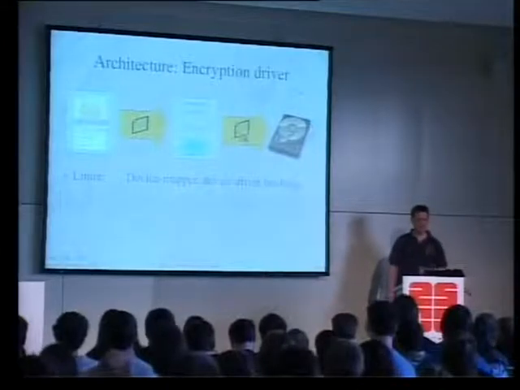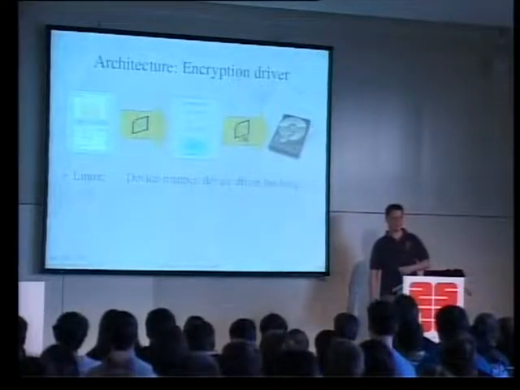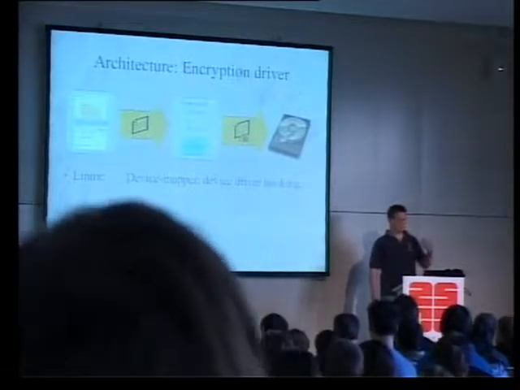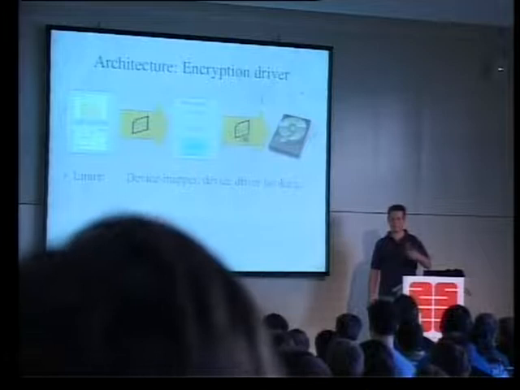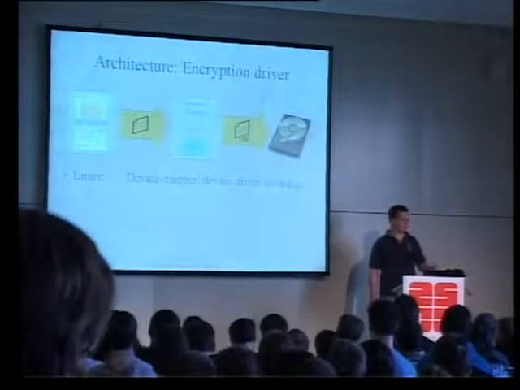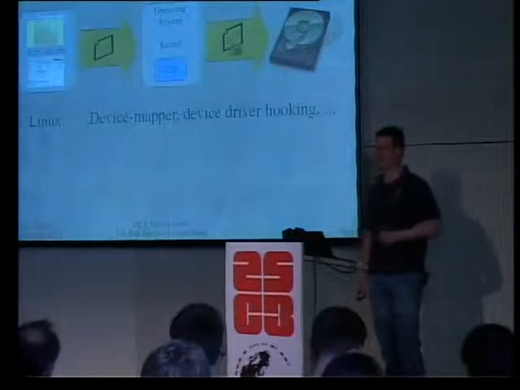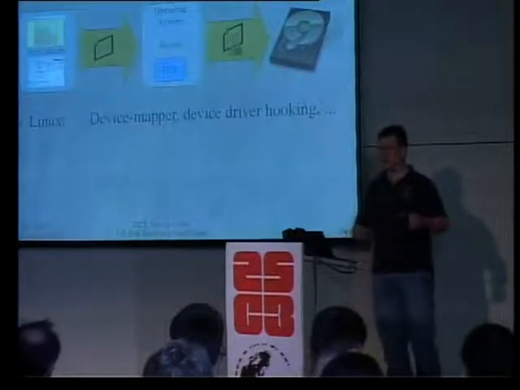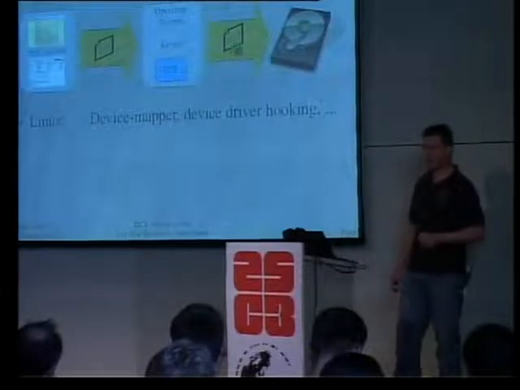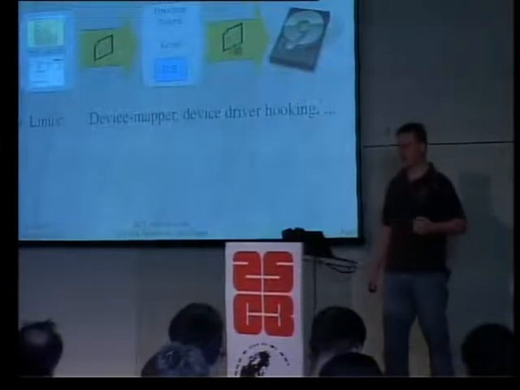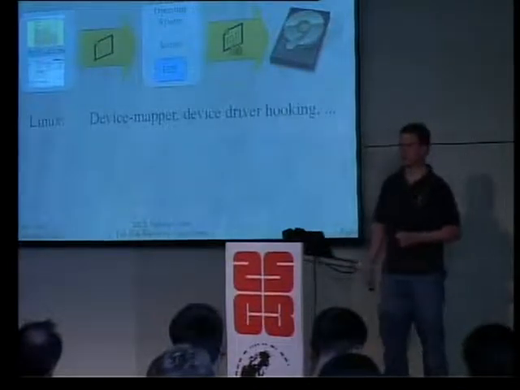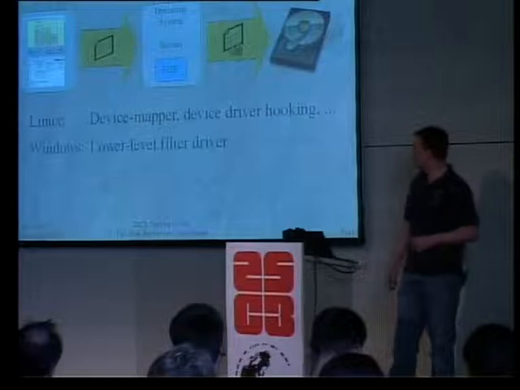You can also do device driver hooking, which is more of a kernel module that looks at the driver for the hardware for the disk and finds the right point and just reroutes the function call to itself, does the little encryption magic, and then passes it back on to the driver. So it's more of a hook and inject sort of solution, rather than the device mapper, which is architectural.